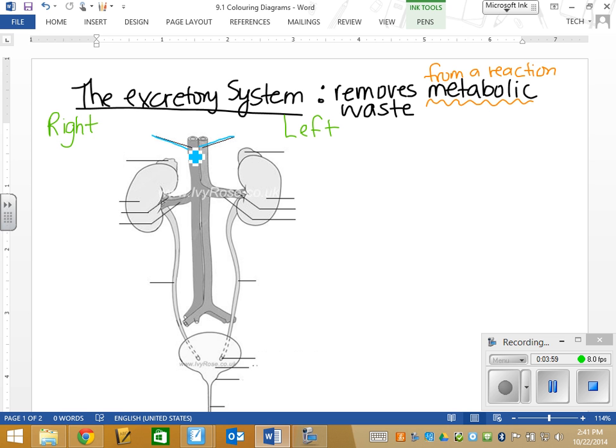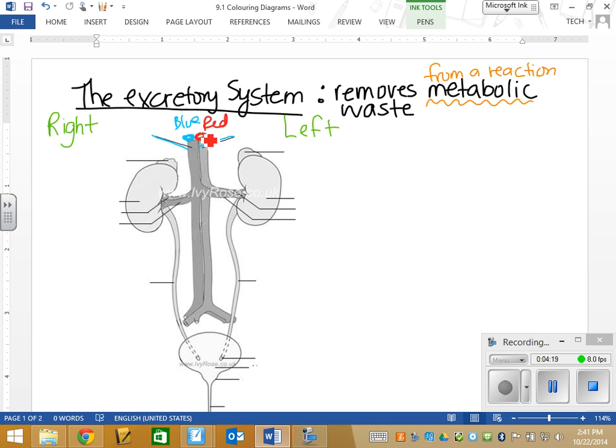In your textbook, they have blue on the left and red on the right. So this one is blue, and this one is red.